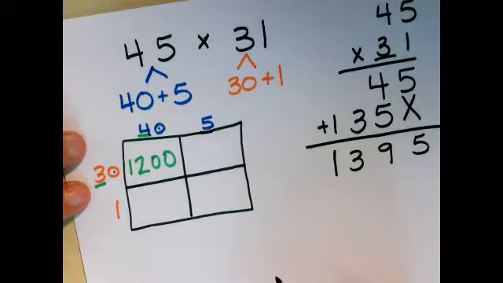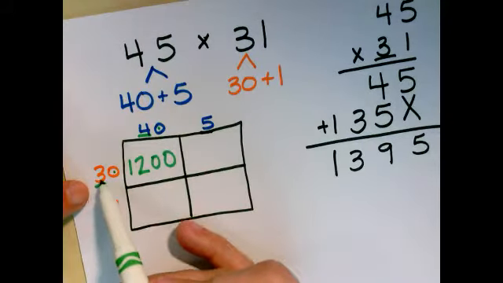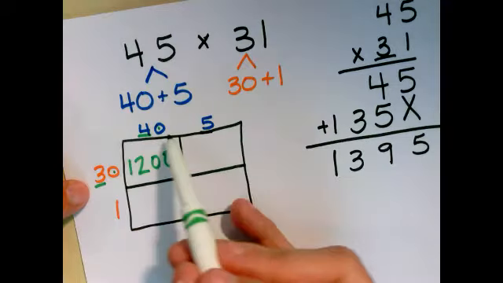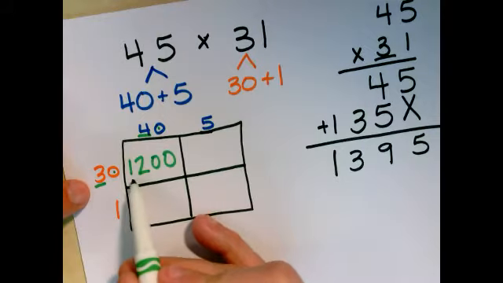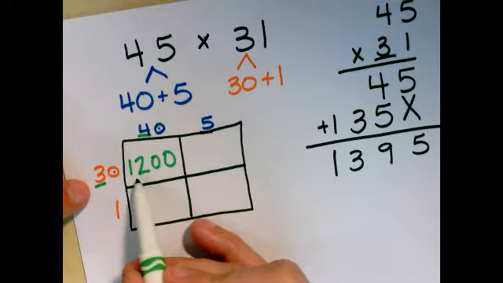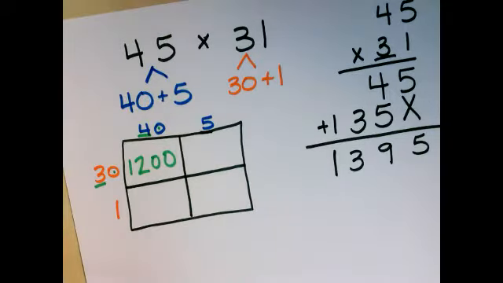That's a fine trick to know, but students need to make sure that they understand that this is 3 tens times 4 tens. And so they're coming up here with 12, but this 1 is now going to be in the thousands place after moving over.